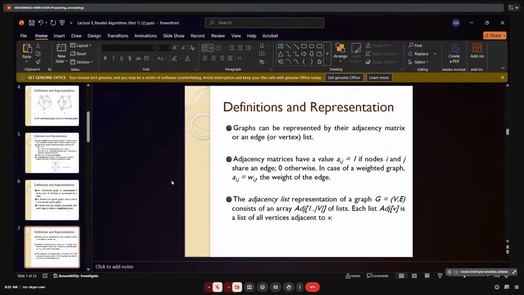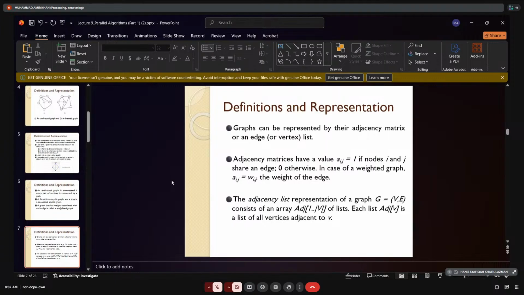Okay. So a graph can be represented by its adjacency matrix. Now we will do some practical work. Now it will be easy for you to understand how a graph can be represented by its adjacency matrix.